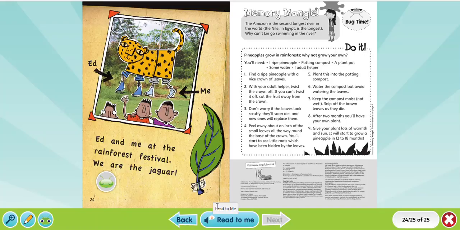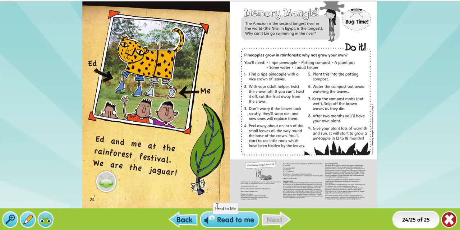Number 1. Where is the rainforest? Is it in North Africa? Is it in South Asia? Is it in North America? Or is it in South America?